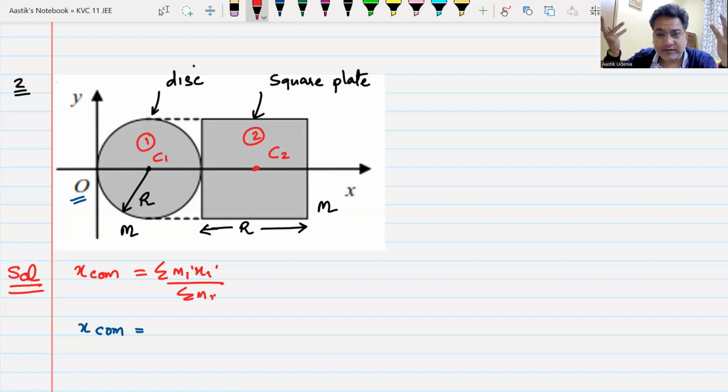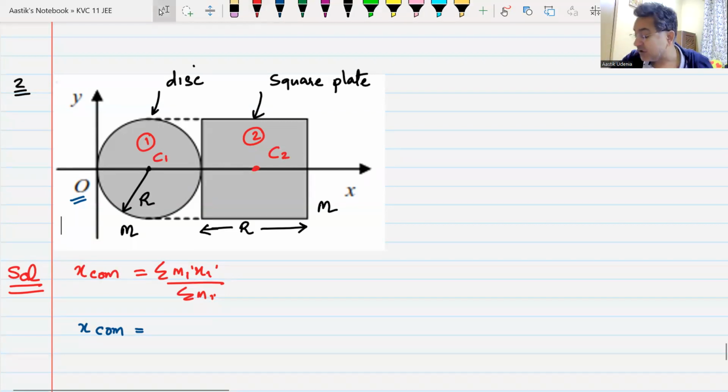From where did 4r by 3 pi come? That means you have not even read what we have done here. Come on. Anyways. Okay, so just for the record, the center of mass of this full disk lies at the center.